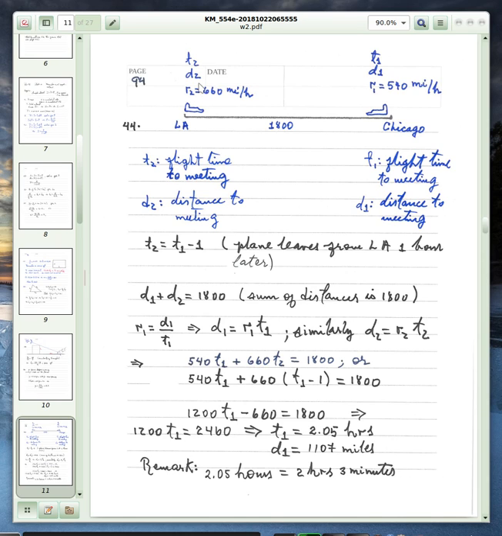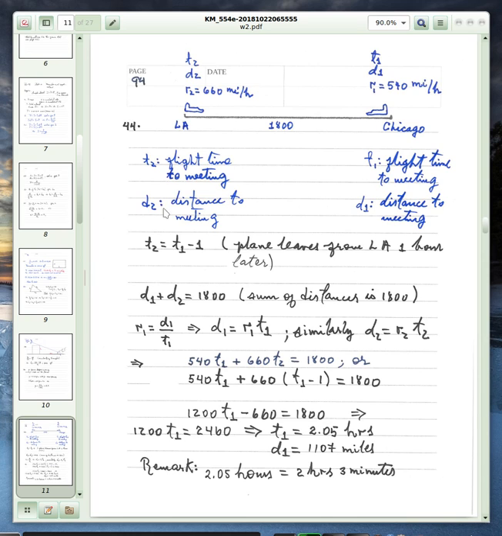Now, we are going to be measuring the times in both cases, t sub 2 for this plane and t sub 1 for this plane, as the flight time to the point where they meet, somewhere here, we don't know.